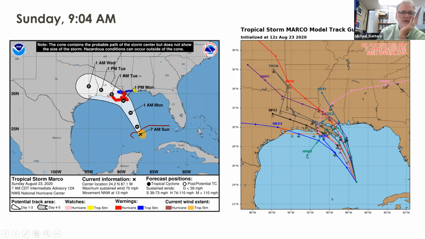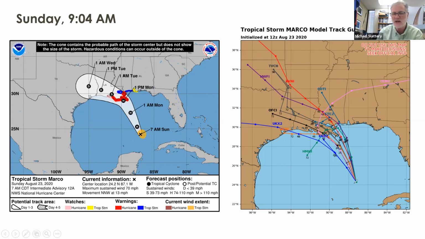Tropical Storm Marco is centered north of the Yucatan Peninsula at 7 a.m. on Sunday. It was predicted to be a hurricane at 1 a.m. on Monday, and it was predicted to be a tropical storm system making landfall somewhere around southern Louisiana at 1 a.m. Tuesday. So I'm just showing you the atmospheric forecast here.